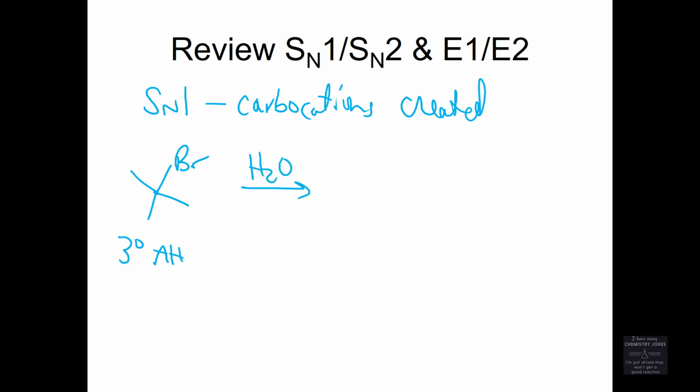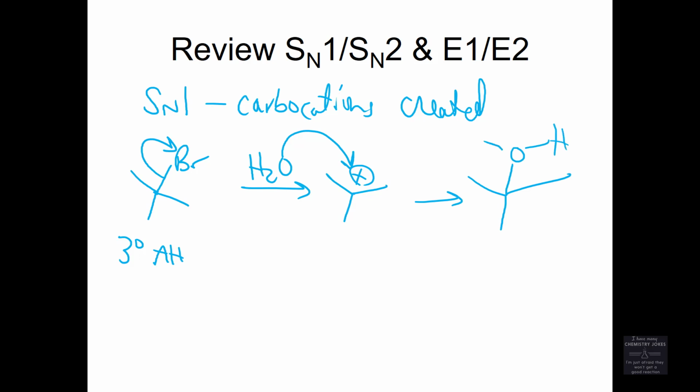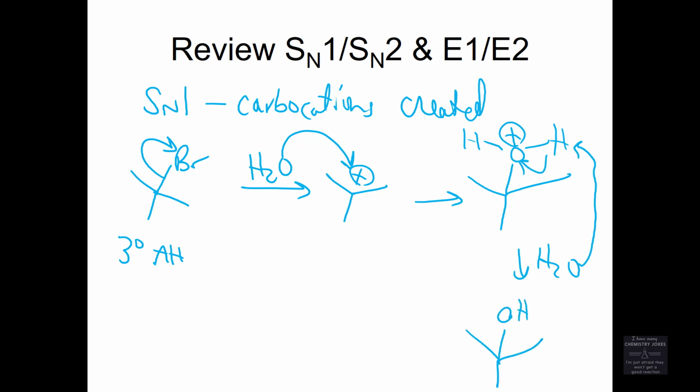Why not? Bromide leaves, and leaves behind a carbocation. Water can attack that carbocation, like so. And then water cleans up the mess that was left behind to give you this alcohol product.